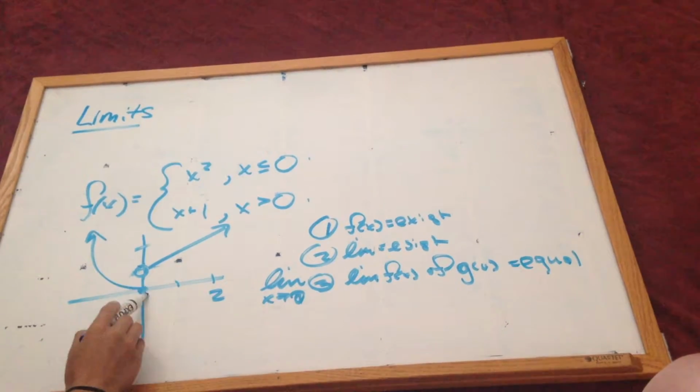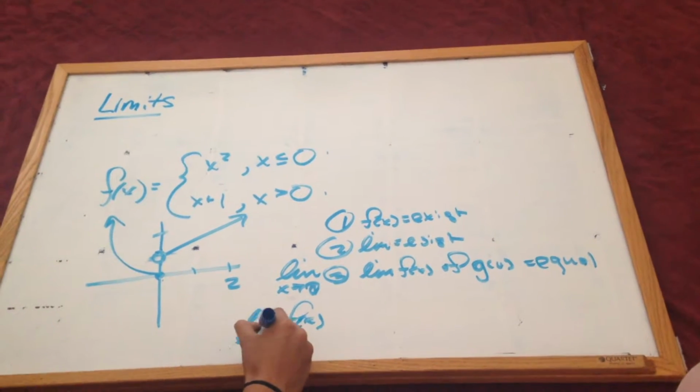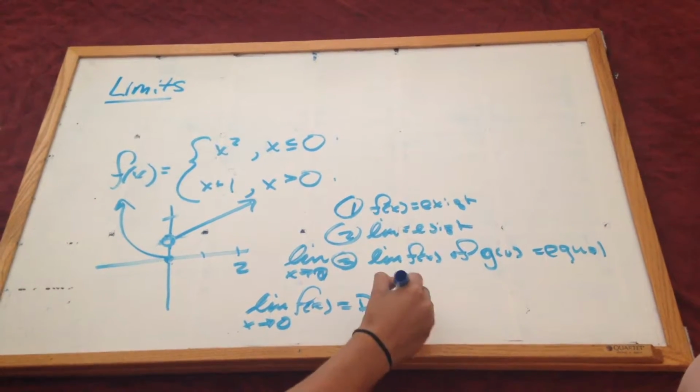As you can see here, they're clearly not equal, meaning that as x approaches 0, the limit is not real.